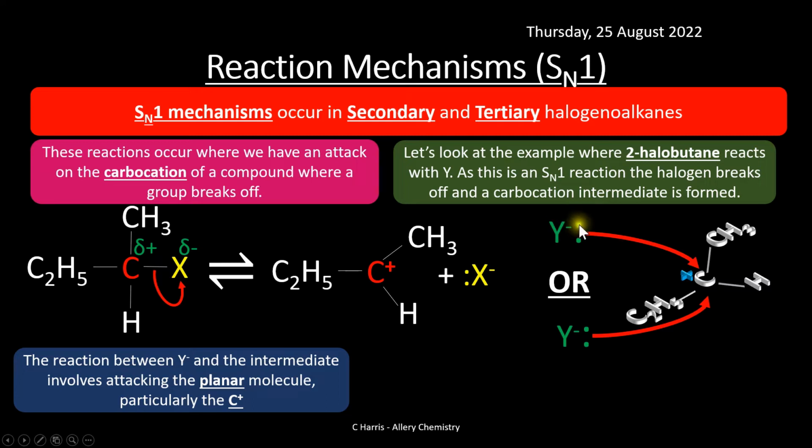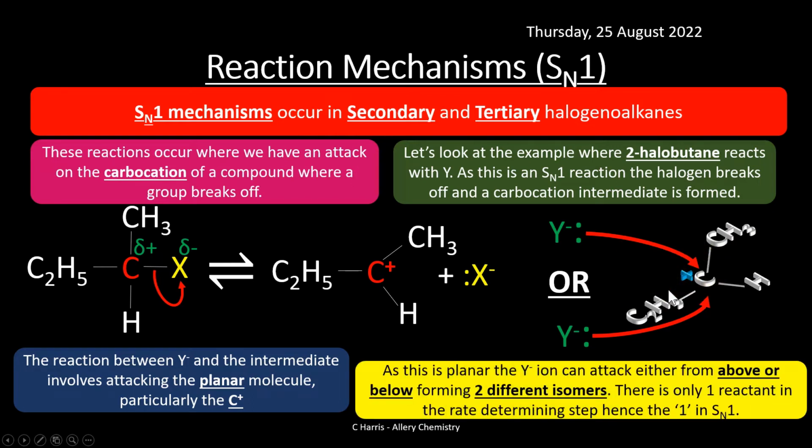Now this Y minus has a lone pair of electrons, so it is going to attack the delta positive carbon. But because it's flat, it can attack from either side. In other words, it can attack from the top, or it can attack from underneath. So you get two different approaches to this molecule, and this will give rise to two different isomers being formed, because it's planar and can attack from above or below.